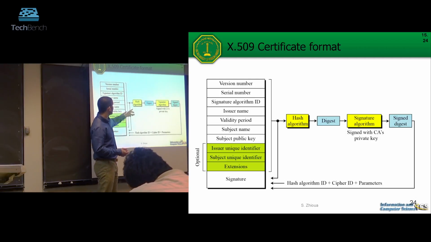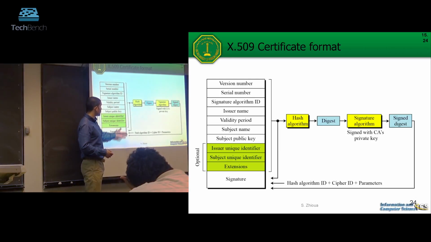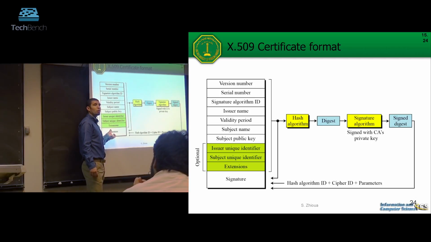You take the hash of all those items, and then you encrypt it with some asymmetric key cryptographic algorithm, and then you have the signature. So basically, the certificate needs to contain two things: some plain text data, which is all this, and the signature part of it.